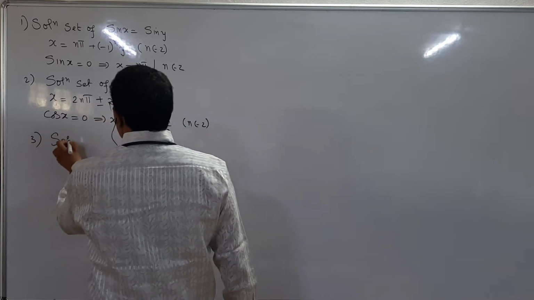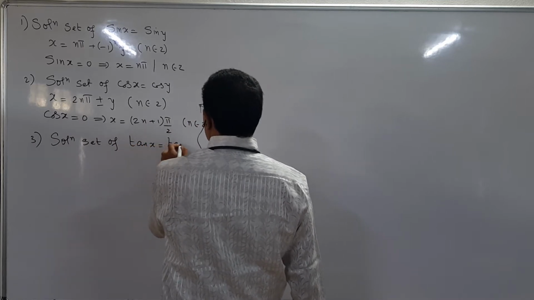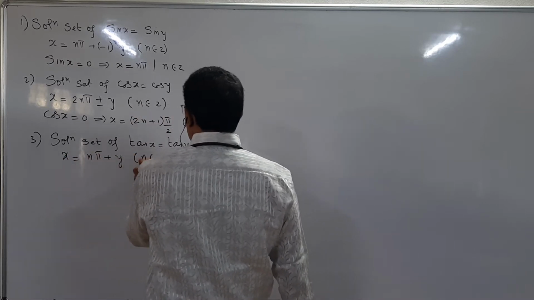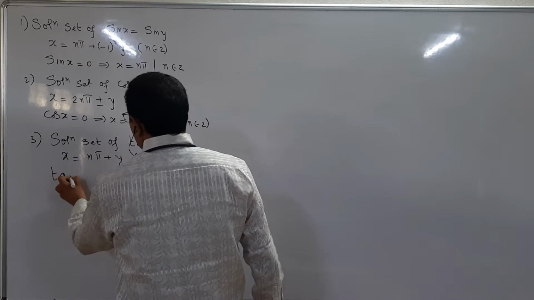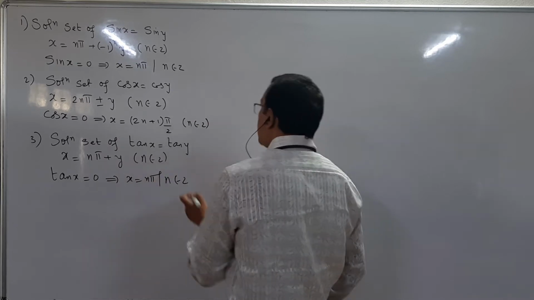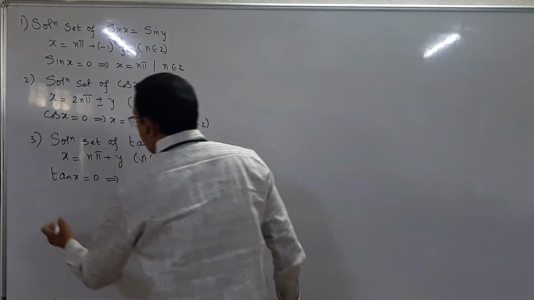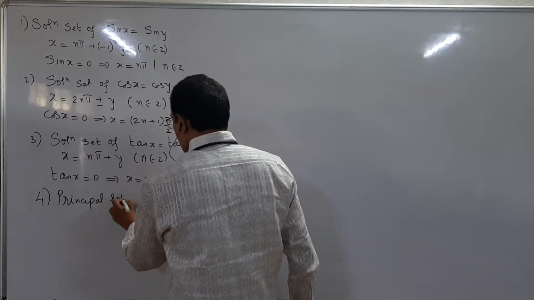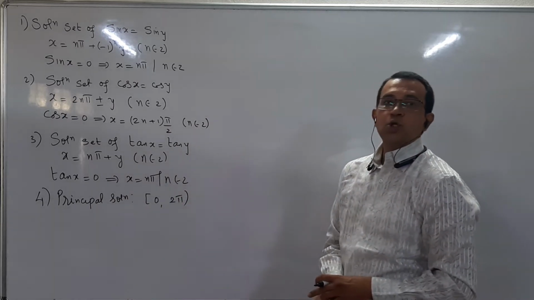Third was solution set of tan x is equal to tan y. x is equal to n pi plus y, where n belongs to z, and set of zeros of tan function is same as sine, that is n pi, where n belongs to z, and the range of principal solution is closed interval 0 to open 2 pi.